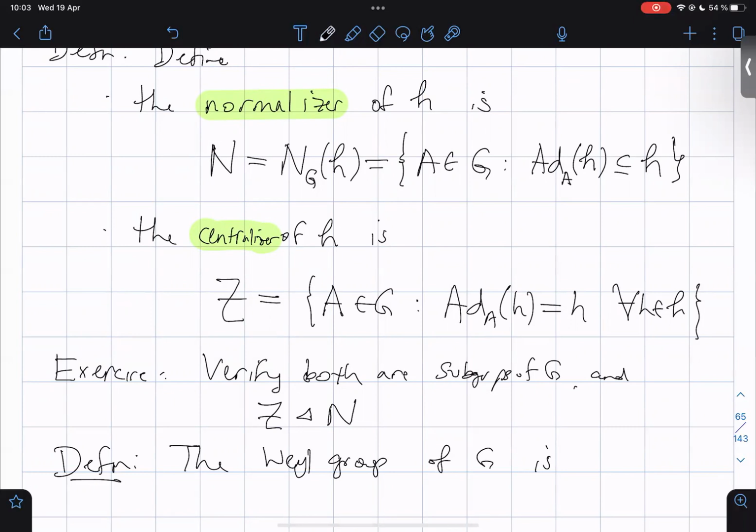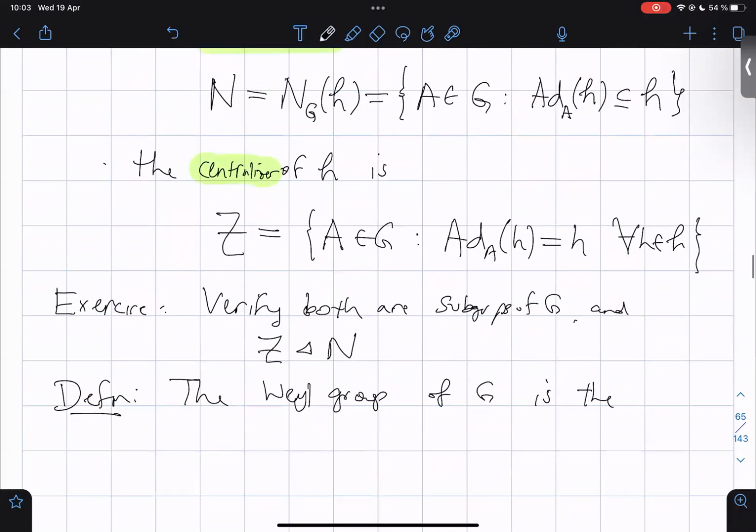So the Weyl group of G is the quotient group W. And again, just in case you haven't played around with quotient groups much, let's think about a simple example, not in this Lie theory context, but a clock.